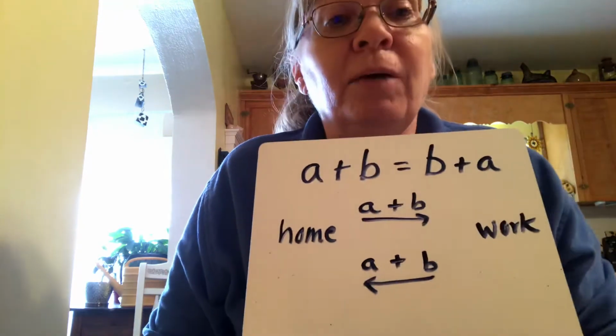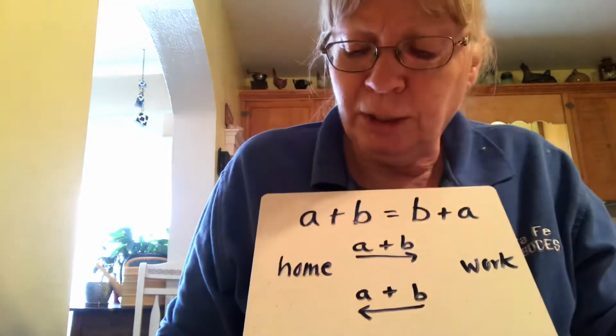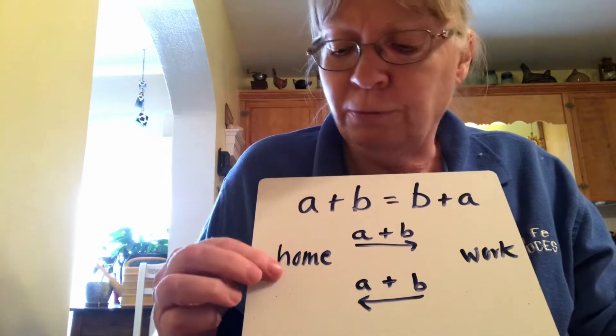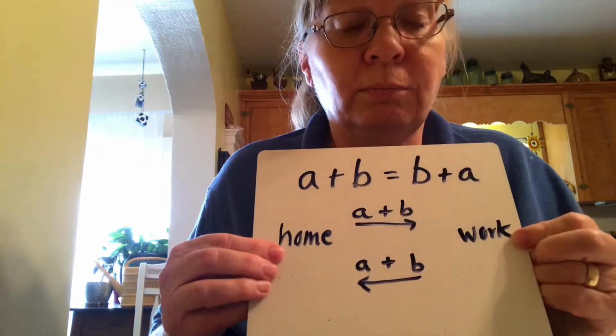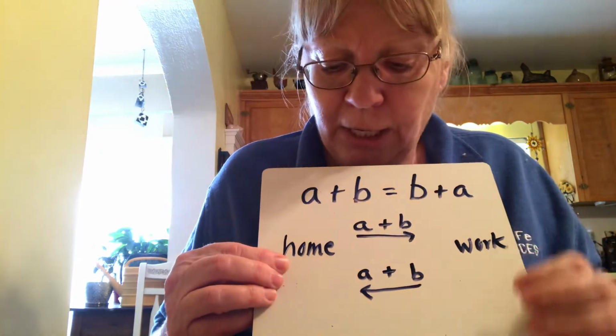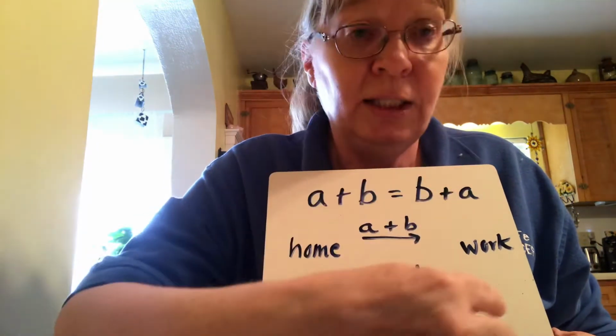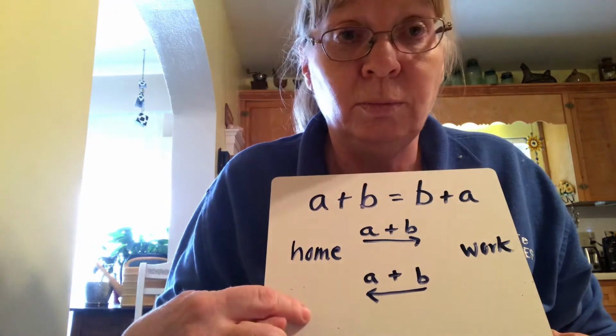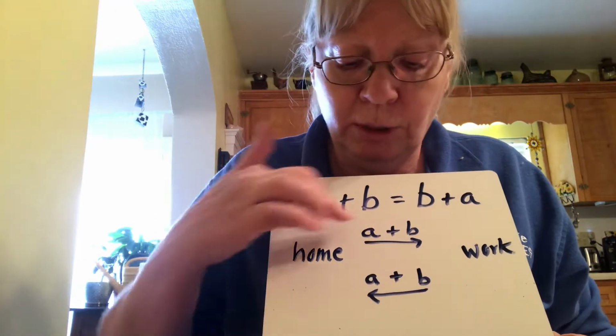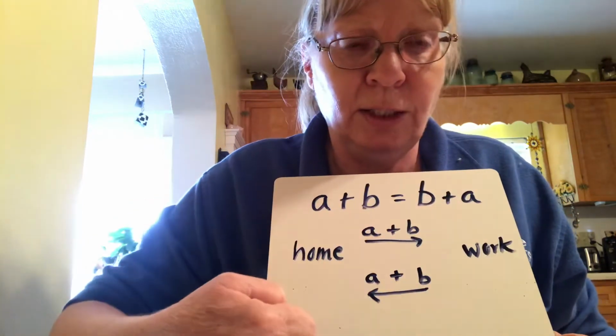Like a commute, I go from home to work during the school days. The distance I go from home to work and the distance I go from work to home are the same thing. Only I'm going this way one time and this way another time.